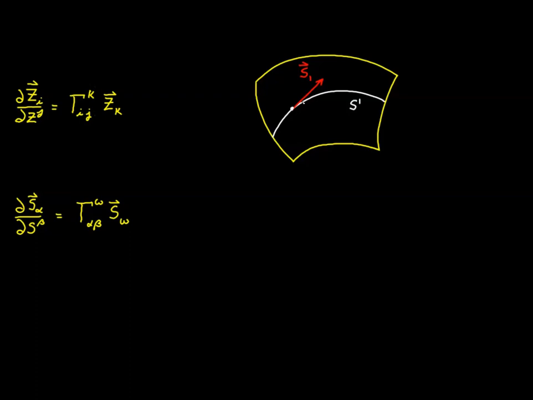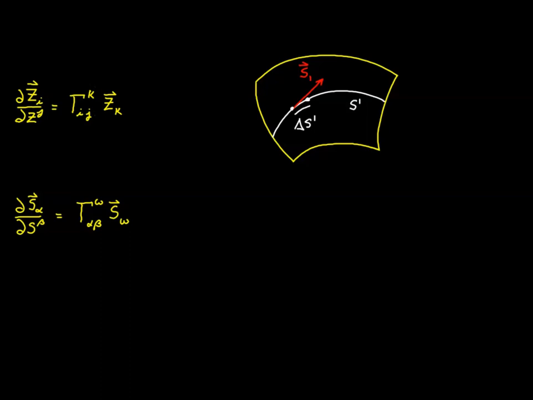Well, if we're going to take the partial derivative, what we're going to do is move a point along our coordinate line. We're going to bump this point along to a spot, say, right here. And this distance that we move from here to here is just a delta S1 value. It is the change of our coordinate S1 as we move this point along the coordinate line.